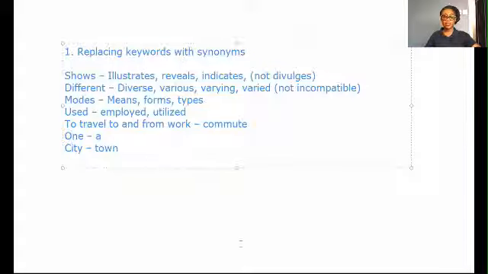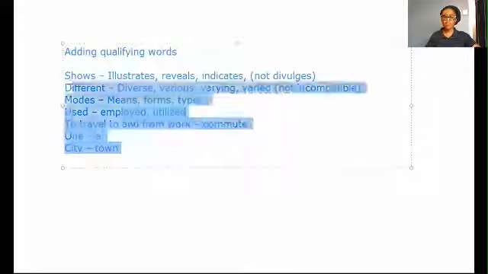Let's look at the second thing that you can do if you want to paraphrase a description. In place of replacing keywords with synonyms, you can add qualifying words. And what do we mean by adding qualifying words?